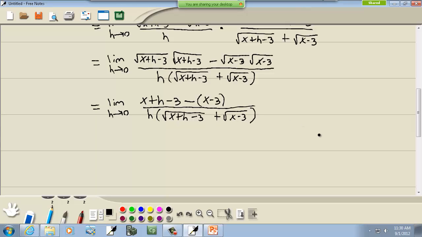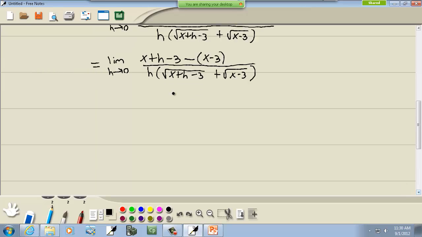Well, up on top, we got x plus h minus 3. Remember, a negative out in front of the parentheses flips the sign of everything inside, so it becomes a negative x plus 3 over all that.